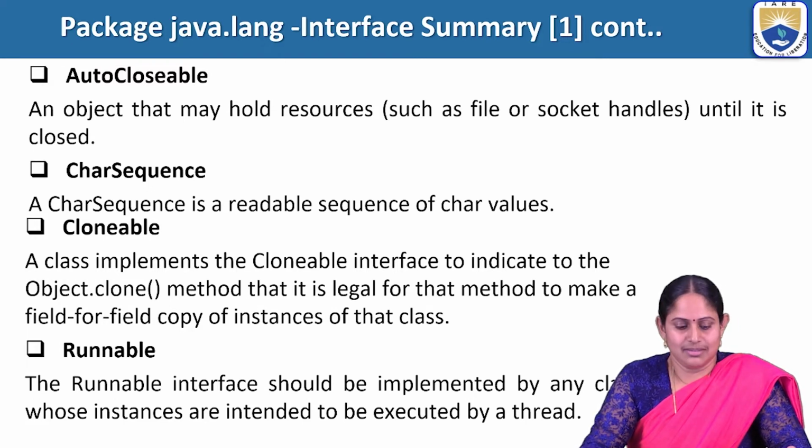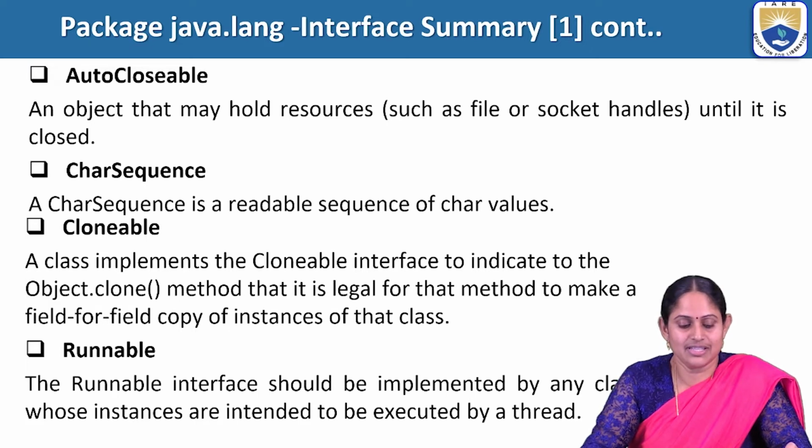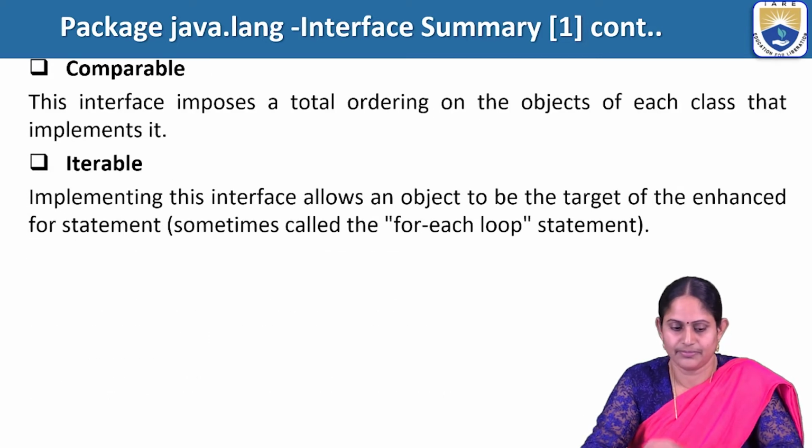The Cloneable interface is implemented by a class to indicate to the Object.clone method that it is legal for that method to make a field-for-field copy of instances of that class. The Runnable interface should be implemented by any class whose instances are intended to be executed by a thread.